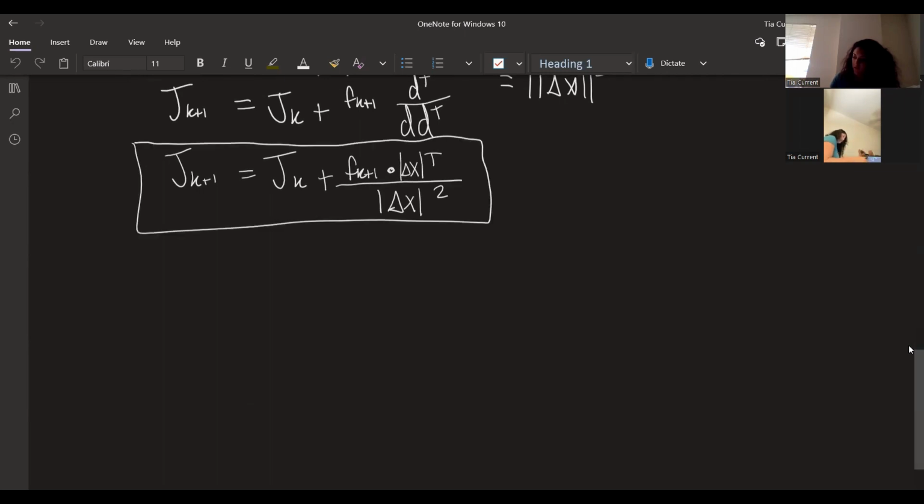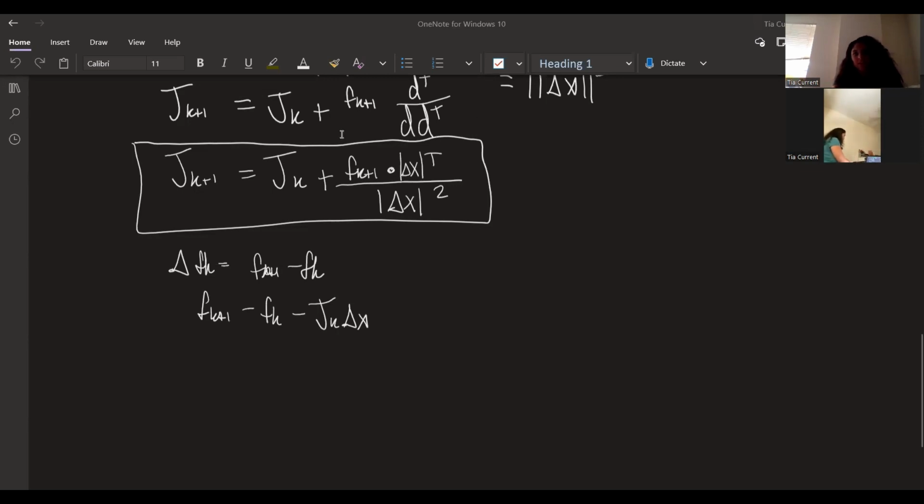And then also what we want to do is talk about that change in f: change in fk is equal to fk plus 1 minus fk. So then you also get fk plus 1 minus fk minus Jacobian times change in x.